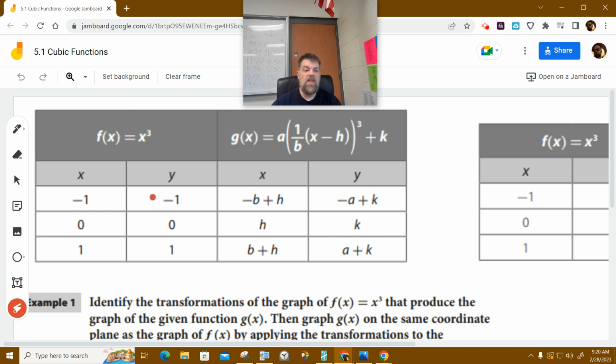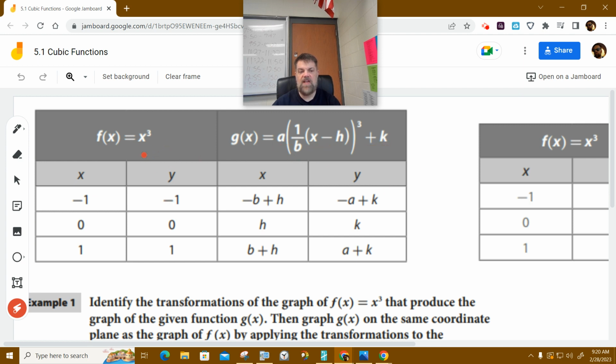And so if I say x is -1, y is -1, x is negative b plus h, y is a minus k, what they're talking about is how you can take this and set it up in this equation.